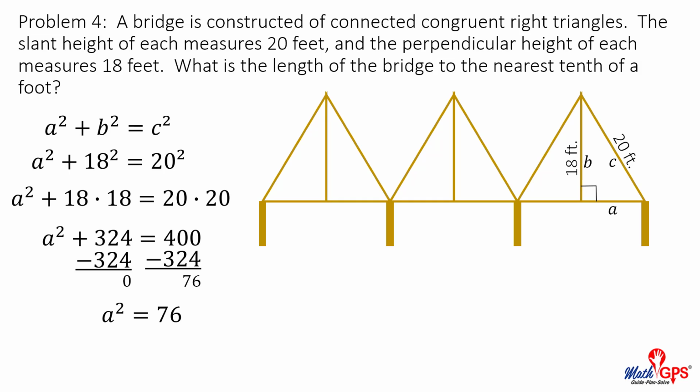A squared equals 76. Determine the square root of each side. The square root of 76 is somewhere between 8 and 9. Use a calculator to find the square root of 76. To the nearest tenth, the square root of 76 is 8 7/10. The base of each triangle measures 8 7/10 feet.